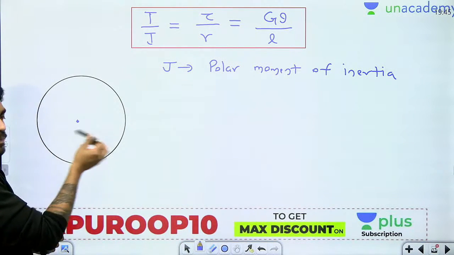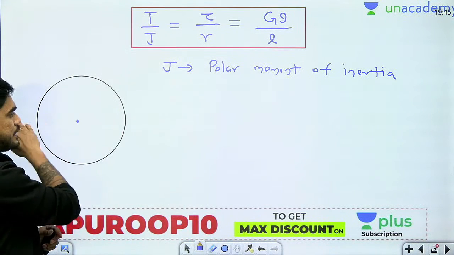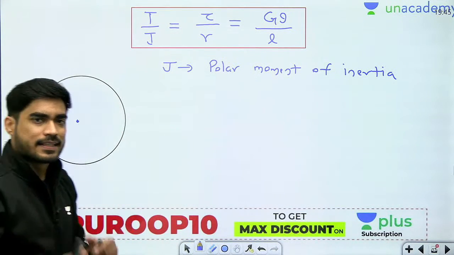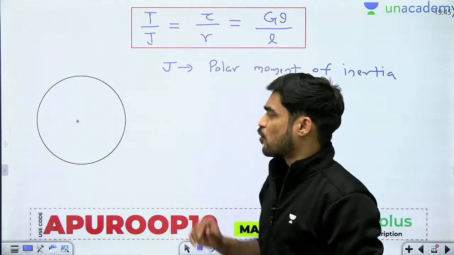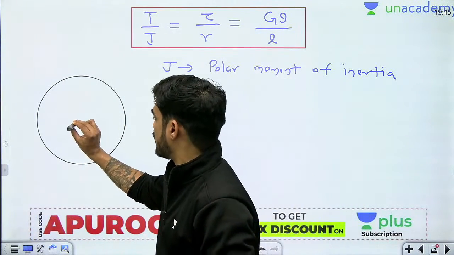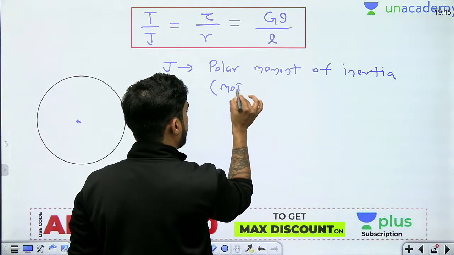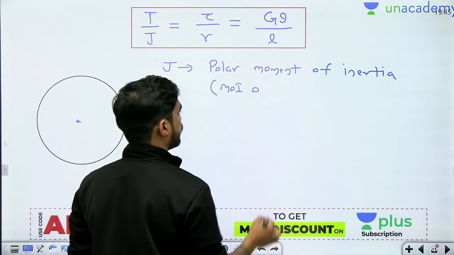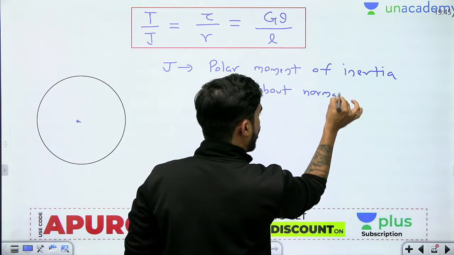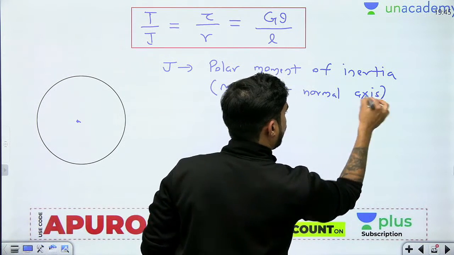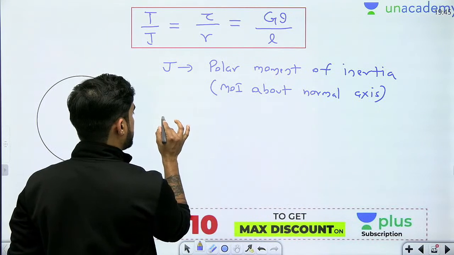Okay, simply if I say moment of inertia, that means it is about the parallel axis, x axis, y axis. That is simple moment of inertia, I. J is polar moment of inertia, which is the moment of inertia about normal axis. Okay, now what is tau? Tau is the shear stress.